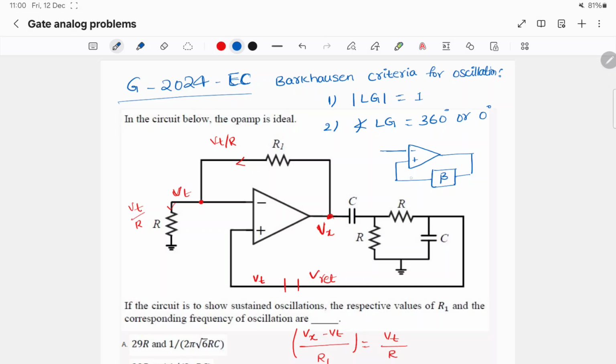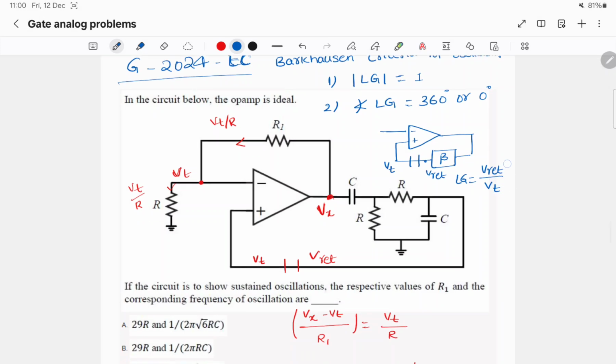If I break the loop and apply a test voltage Vt, I will get some voltage V return here. The ratio, loop gain, is V return by V test.